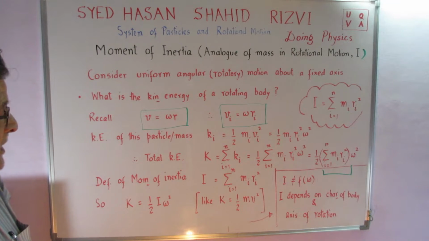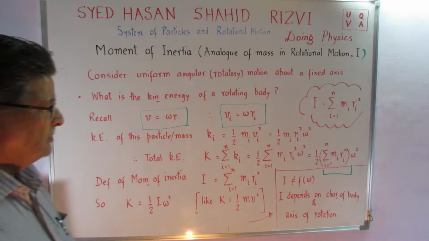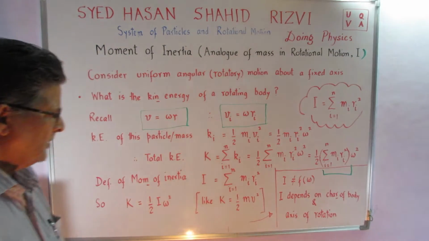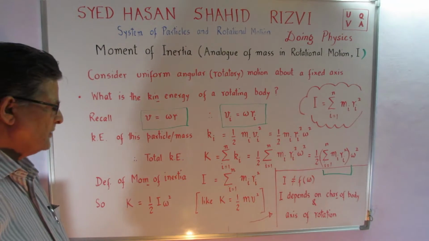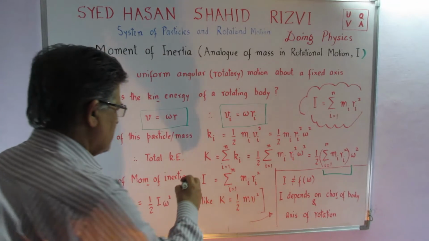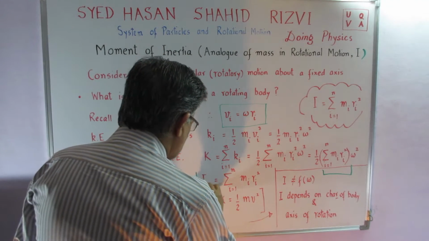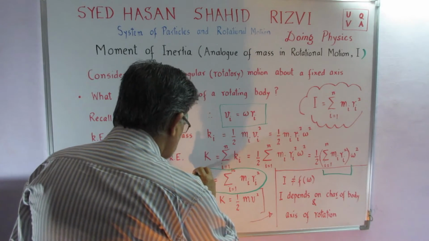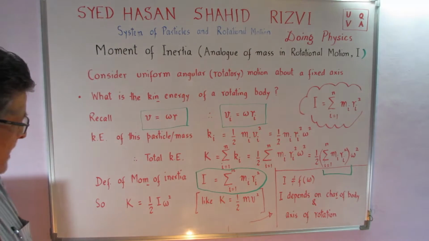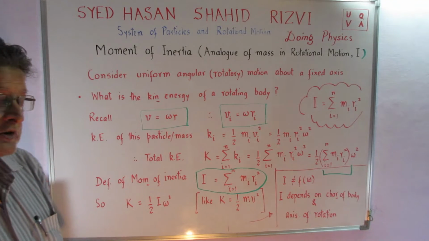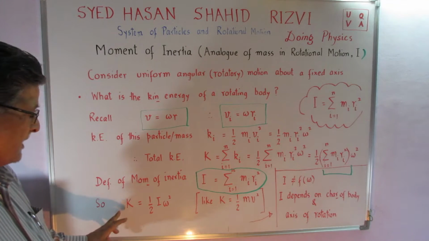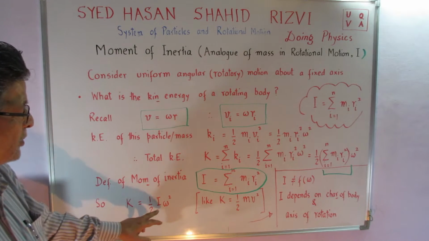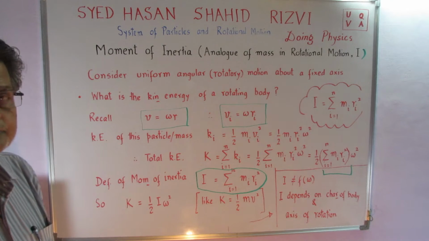Okay, sigma mi ri square, which I am writing here also, just for your recollection. So this equation gives us the definition of moment of inertia. It's a very simple proposition. So the kinetic energy associated with that set of particles is equal to half I omega square.